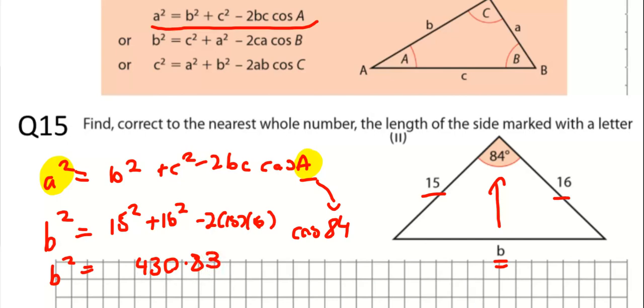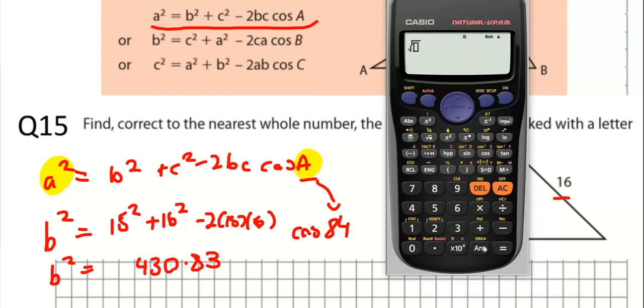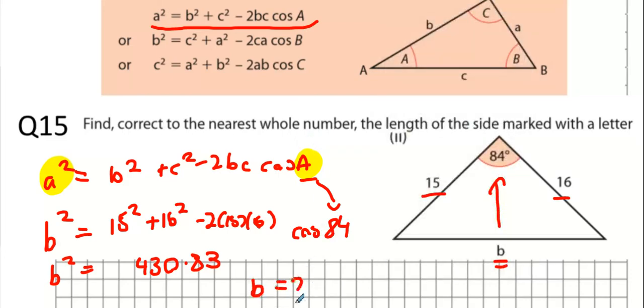Square root it to find out what the answer is. Square root 430.83, and you get 20.76. To the nearest whole number, 21. So B equals 21. So okay, that's our question 15. You use the cosine rule because I have the cosine rule written above it. Okay, question 16.